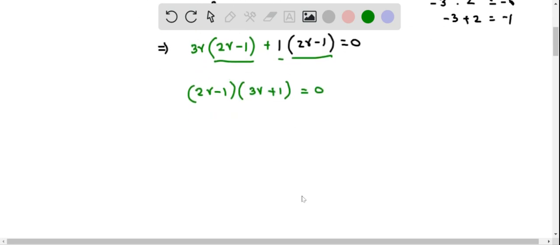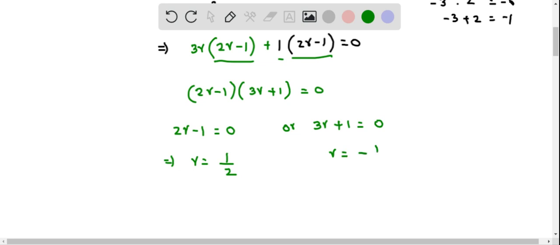We can solve for r by using the zero product property, that is 2r minus 1 equals 0, or 3r plus 1 equals 0. Solving for r gives r equals 1/2, and here r is negative 1/3. Let's say this is r1 and this is r2.